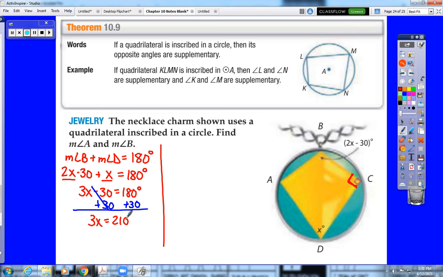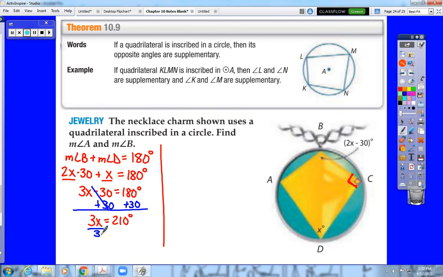And then what? Good. Divide by 3. Should do that in a different color. Divide by 3. And we get x equals 70. Which doesn't really answer the question, does it? What do we need to do with that?